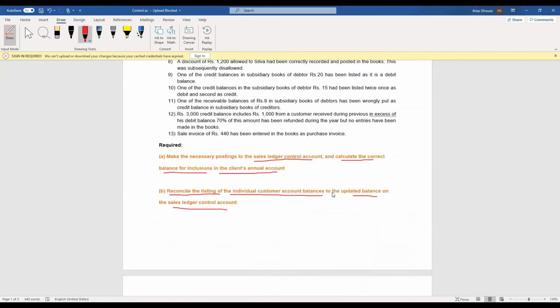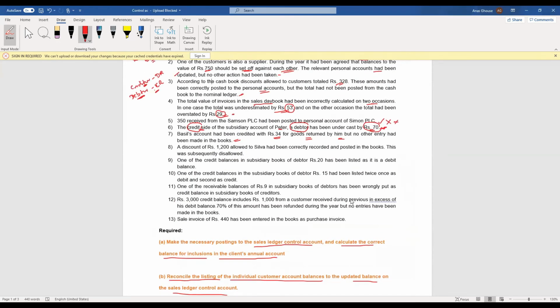Then we'll move on to question 8. A discount of 1,200 allowed to Silver had been correctly recorded and posted in the books. This was subsequently disallowed. So the discount of 1,200 was allowed to Silver. When you allow discount, you credit the customer account balances.